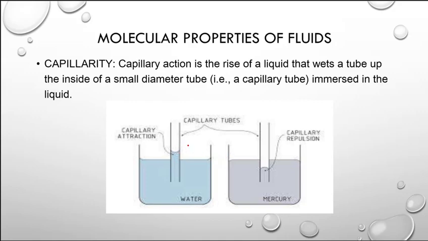We talked about the adhesive force. That adhesive force will make the molecules in the water stick to the wall of that material and they begin to rise. So that is what happens. But in the case of mercury, we said there is a much stronger cohesive force between the molecules of mercury. So it will create something like a surface tension on that material.